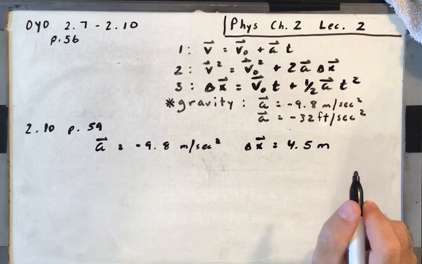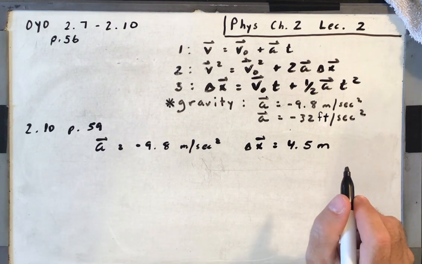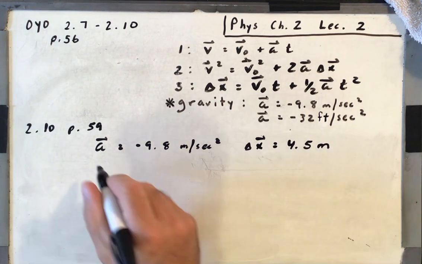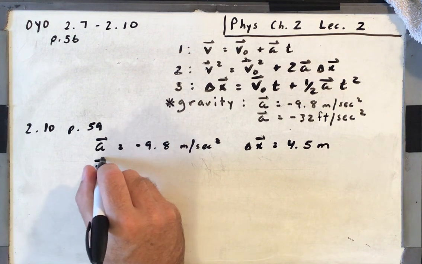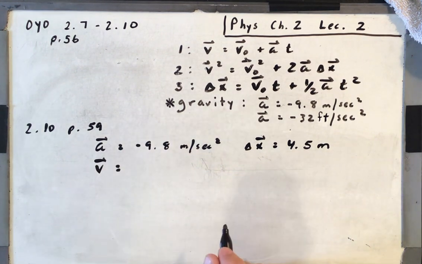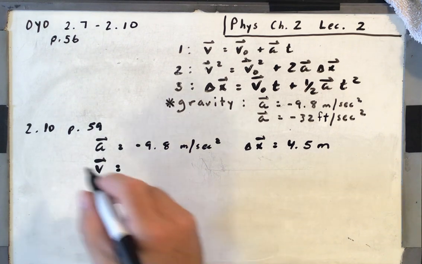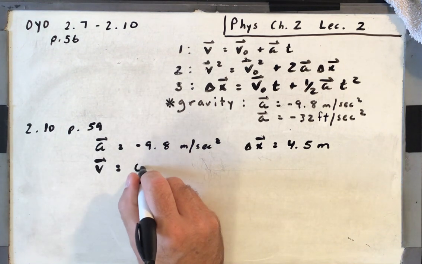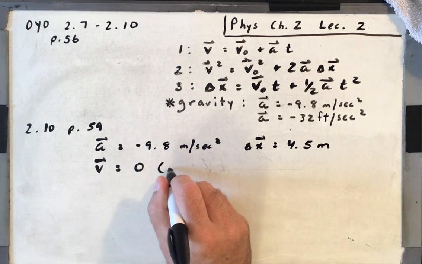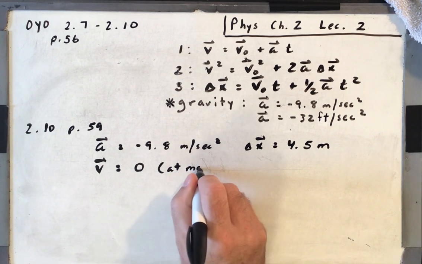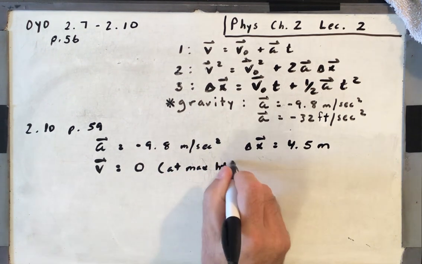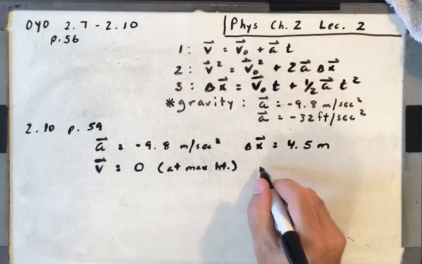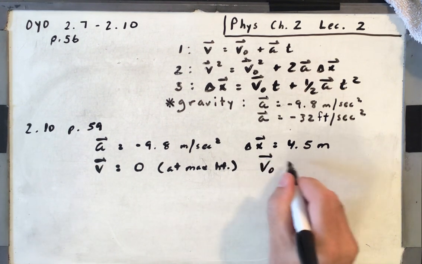We don't know anything about time on this problem. What is, at maximum height, the final velocity? Well, as we talked about earlier, it's 0 because we are at max height. So we want to know, in this time, what is the initial velocity?